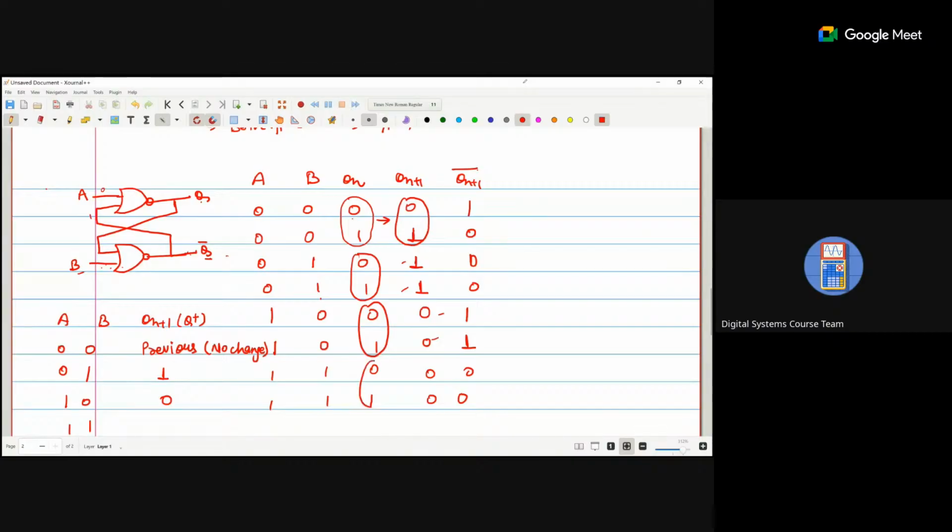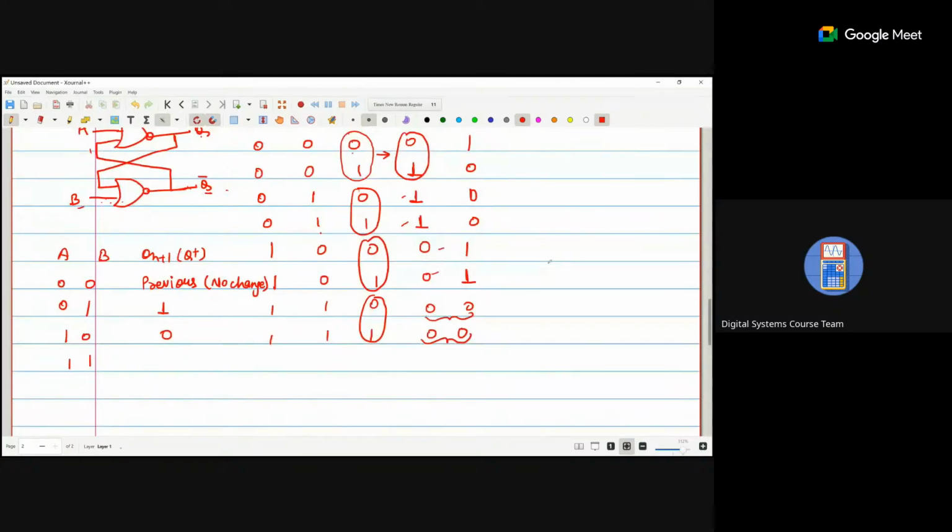Your previous output is this one, but now you are getting both 0, and that is not possible. Okay, that is not possible. So we can say this is the invalid condition.